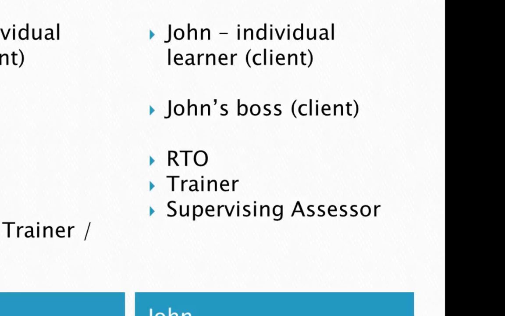There would be his boss, because this has really been driven by his workplace. So the organisation is the client as well. There would be the RTO, which for all purposes is the VOC again, and you, who is the trainer and assessor, and the supervising assessor.